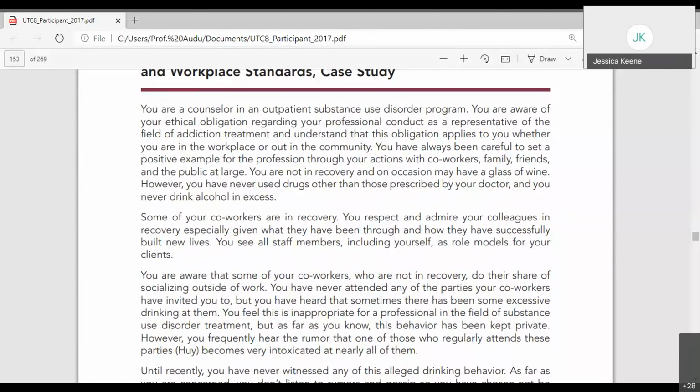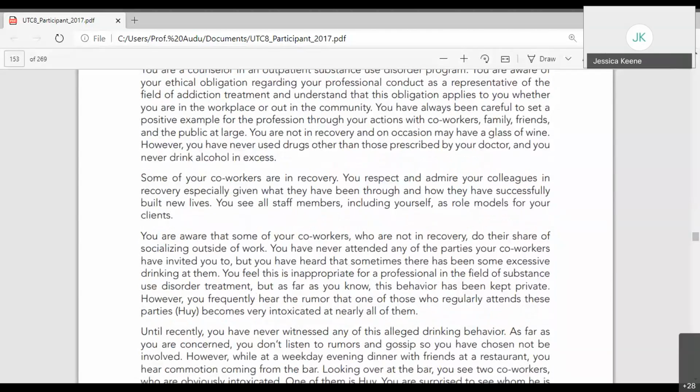You have always been careful to set a positive example for the profession through your actions with co-workers, family, friends, and the public at large. You are not in recovery and on occasion may have a glass. However, you never use drugs other than those prescribed by a doctor, and you never drink alcohol in excess.